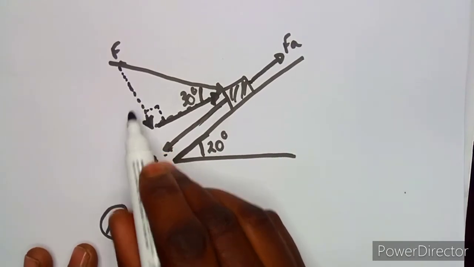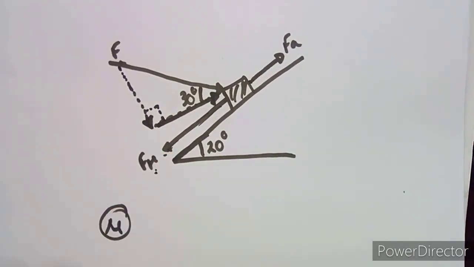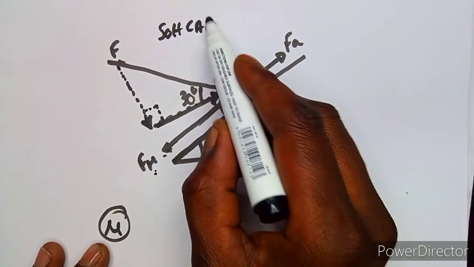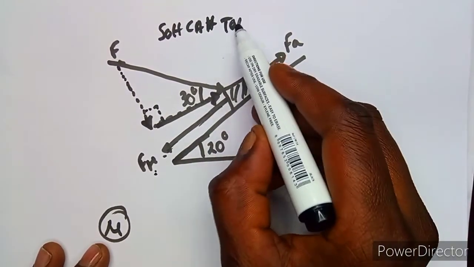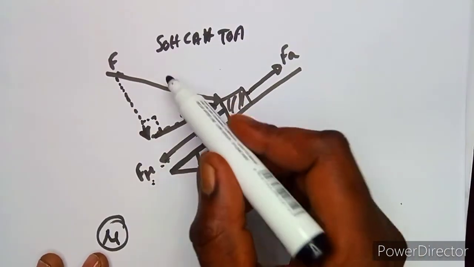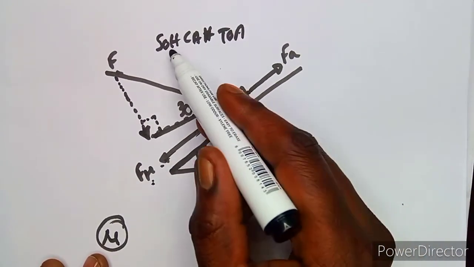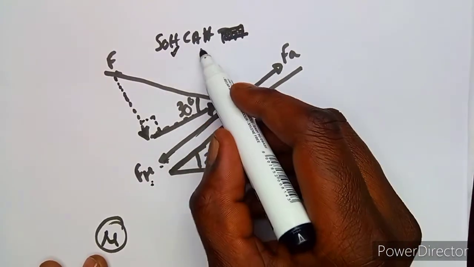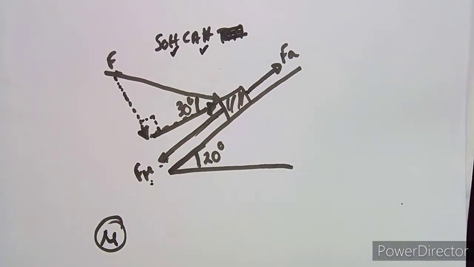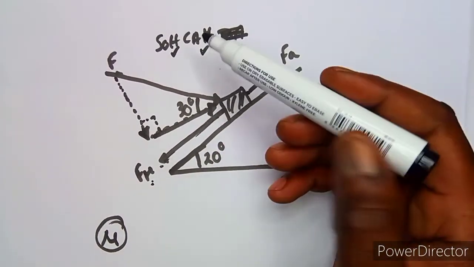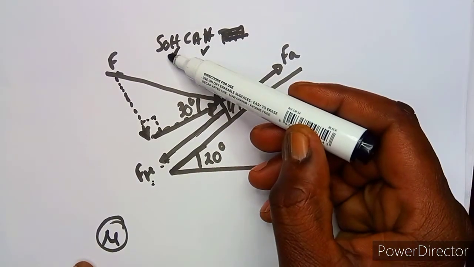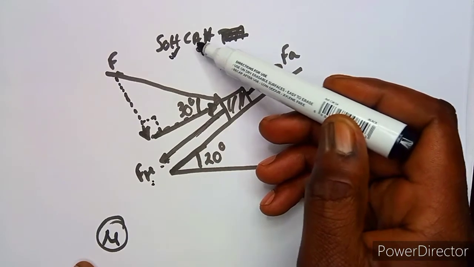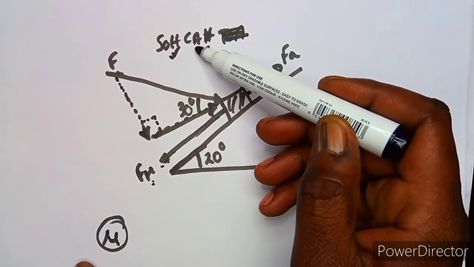Anything that has to do with opposite, guys, from your SOH CAH TOA, know that whenever it has to do with opposite, either you have sine or cos, let's not talk about tan. So the moment you are given an opposite, you know that it's sine, because cos cannot have this opposite because there's adjacent.